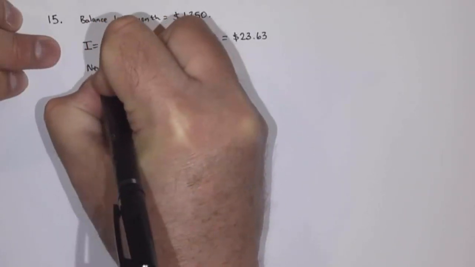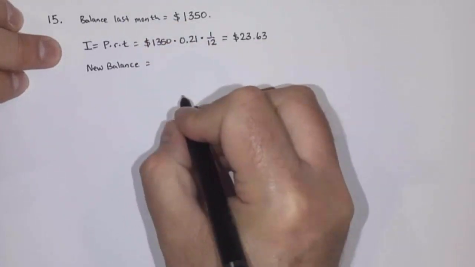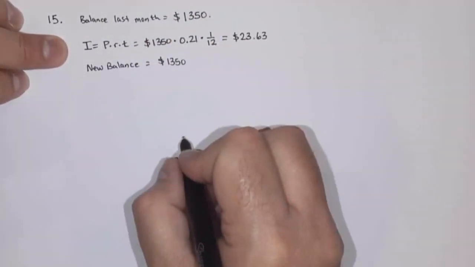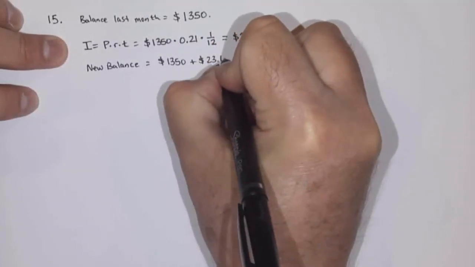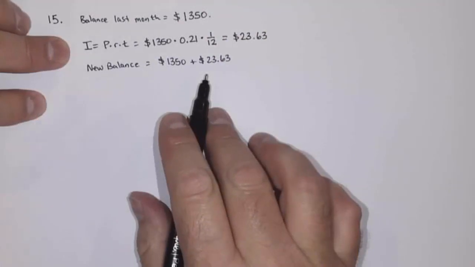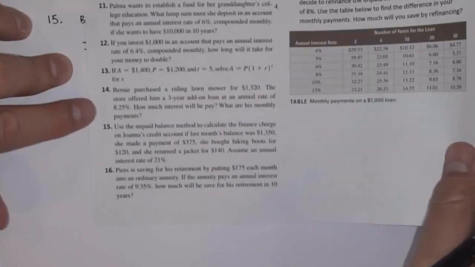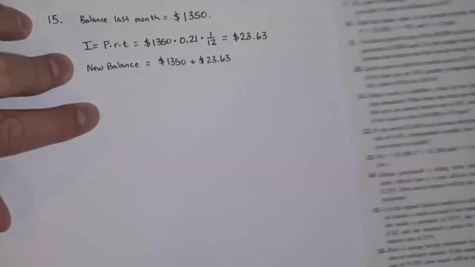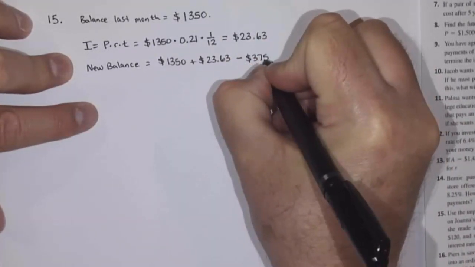So her new balance for this month is going to be the $1,350 from the previous balance plus the $23.63 that she has to pay in interest for that $1,350. And then we were also told that she made a payment of $375, so we can subtract that payment of $375.